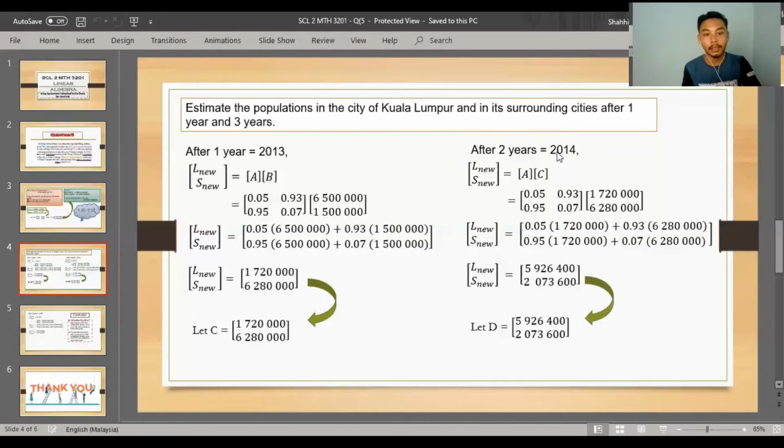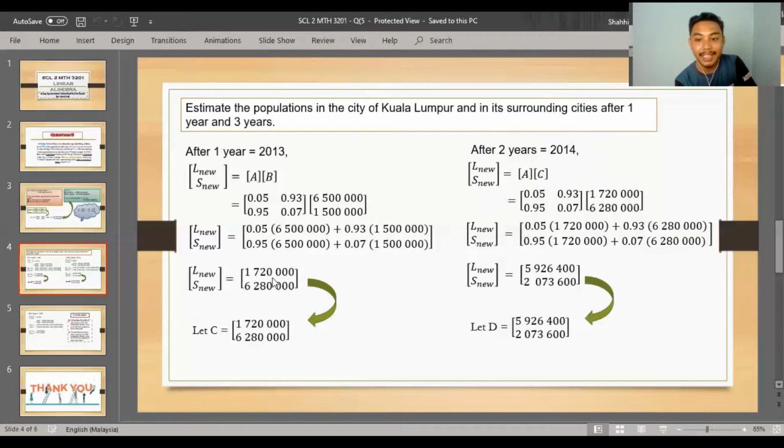So, like I said previously, the matrix here must be the number of the population in the previous year. Since we want to find the population during 2014, it means that the matrix C here must be the number of the population in 2013.